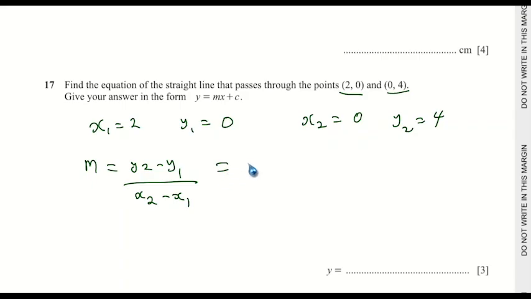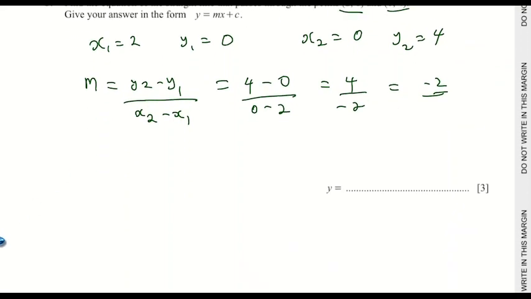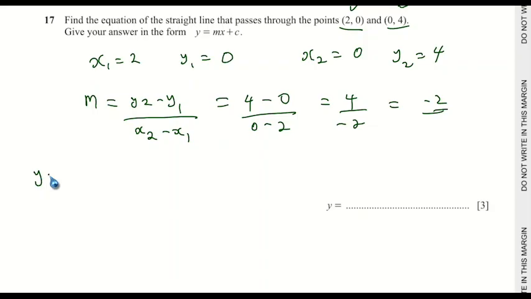So this gives 4 minus 0 over 0 minus 2. So this gives 4 over negative 2, and our final answer is negative 2. So the slope is negative 2. Now, since the straight line passes through these 2 points, you can use this formula, that is y minus y1 equals m into x minus x1.